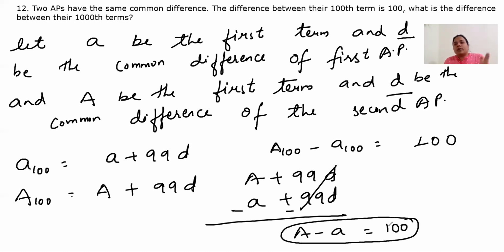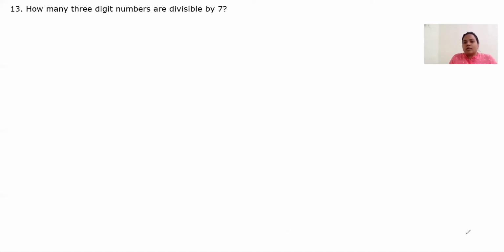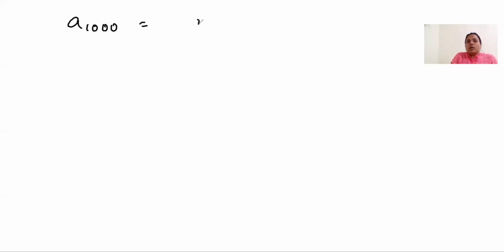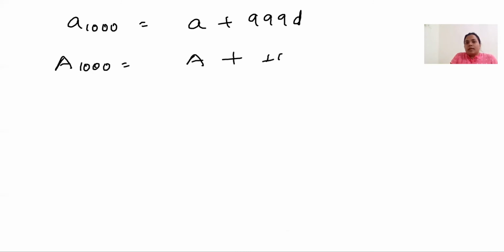Fine. Now I have to find the difference between their 1000th term. So A1000 is equal to A plus 999D. Capital A1000 is equal to capital A plus 999D.